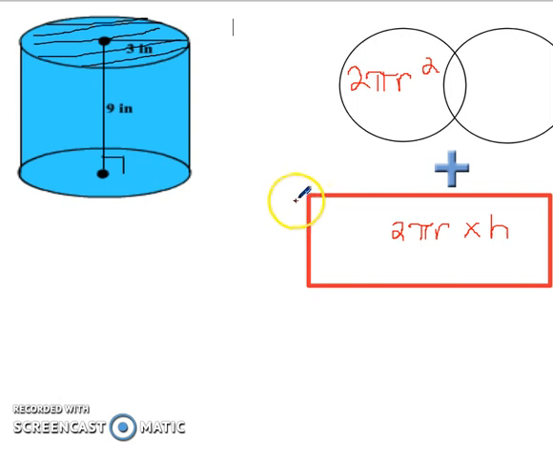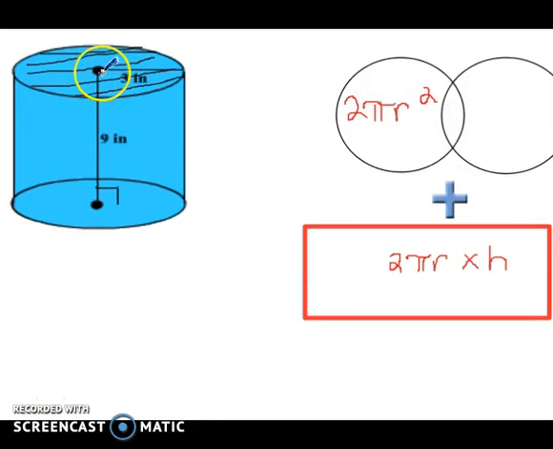So the first thing that we have to do is find the area of a circle. And the way we find the area of a circle is pi r squared. Because there are two circles, we're going to multiply that by 2. So let's fill this in and find the area of our two circles.